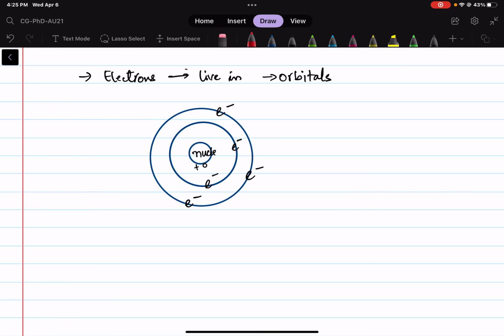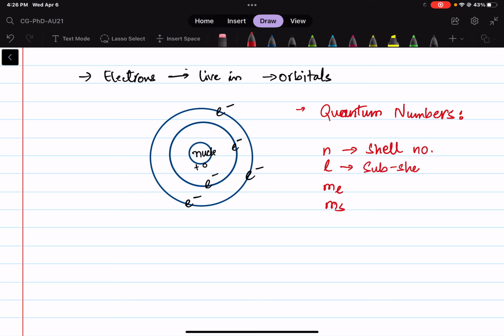And we studied quantum numbers. There are four quantum numbers that we care about right now, namely n, l, ml and ms, where n talks about the shell number, l the subshell, ml the orbitals, and ms the spins.